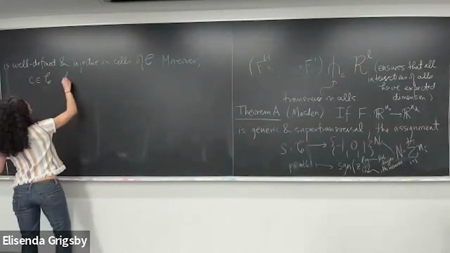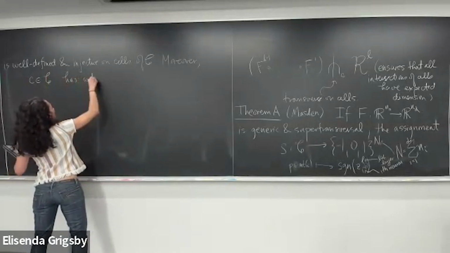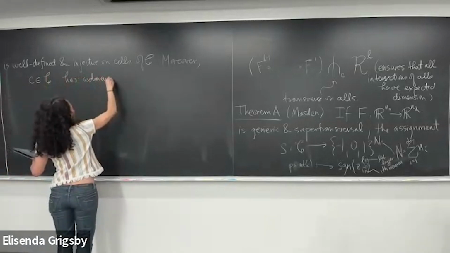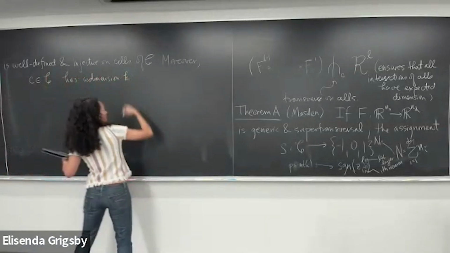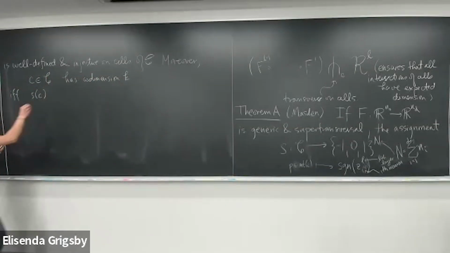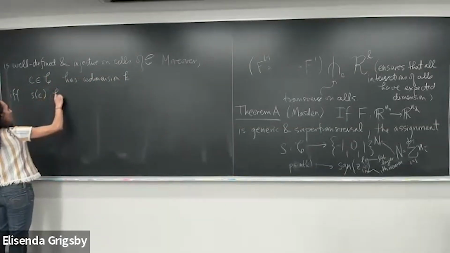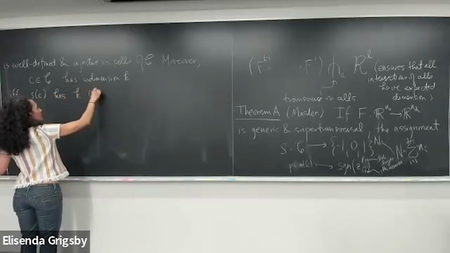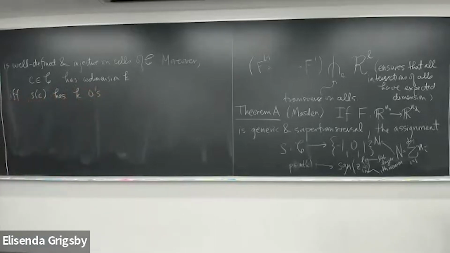And it has codimension k, so this is dimension n0 minus k in this input space. It's codimension k if and only if the output of this map has k zeros. So the ternary sign sequence has k zeros.